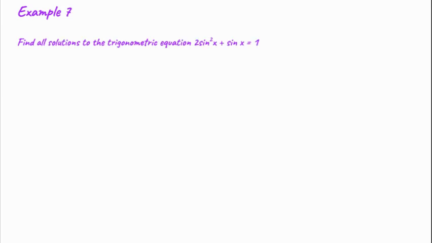All right, let's go ahead and do one more equation like that. We've got 2 sine squared x plus sine x equals 1. So let's start by subtracting 1 from both sides. I get 2 sine squared x plus sine x minus 1 equals 0.